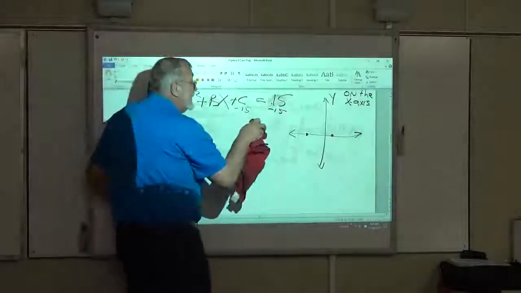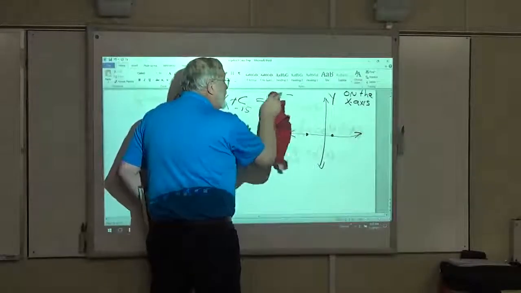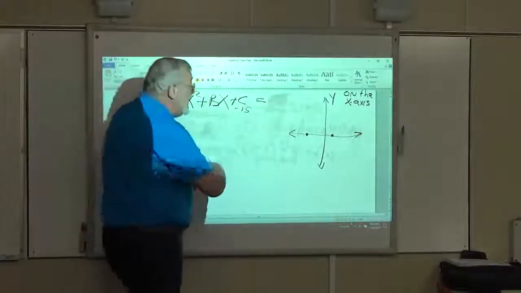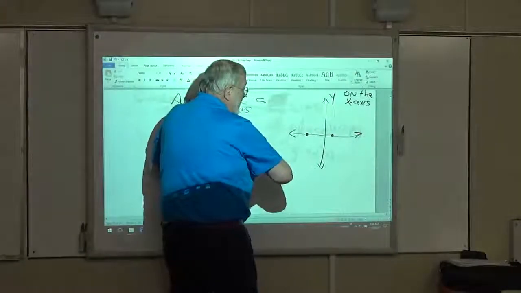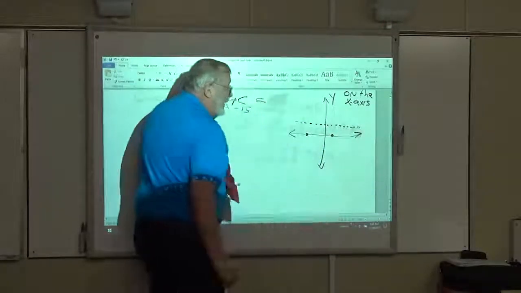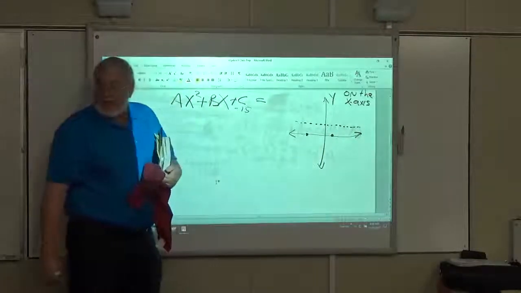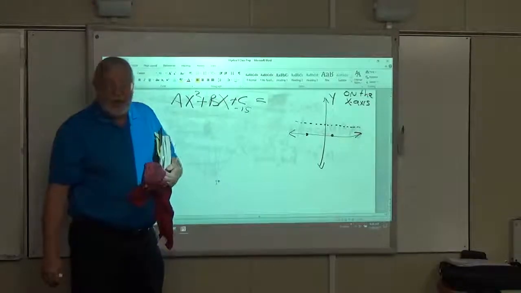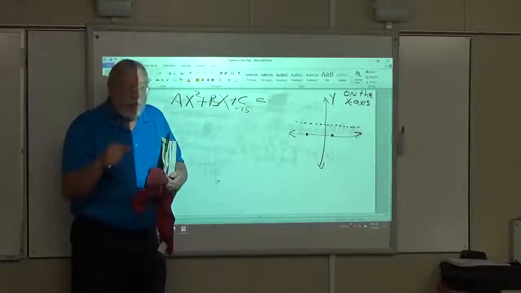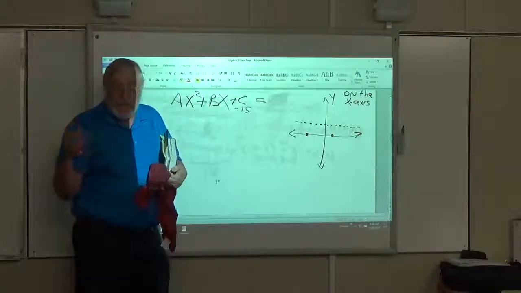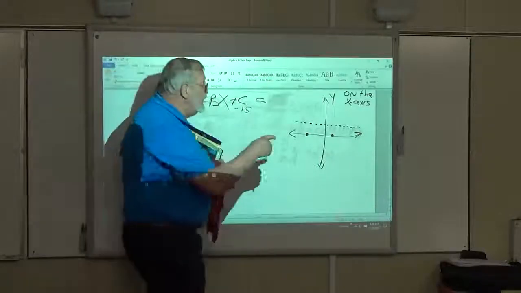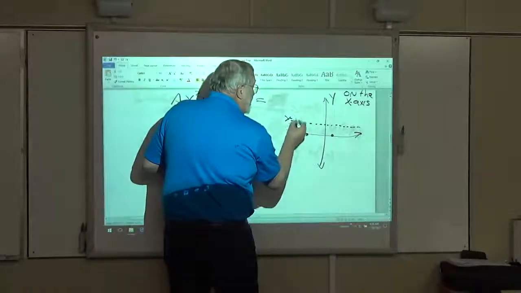So when it says x is 5 or y is 5, that means I would want the y where that line is right there. But I don't have a really readily available skill to find a value where y equals 5.